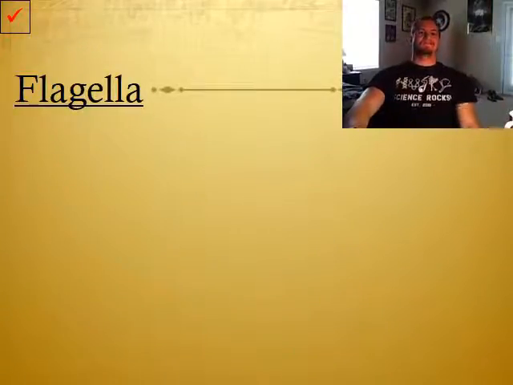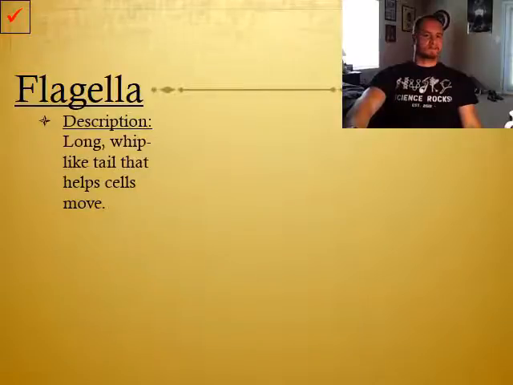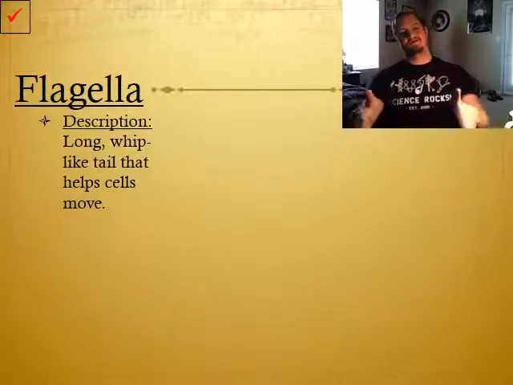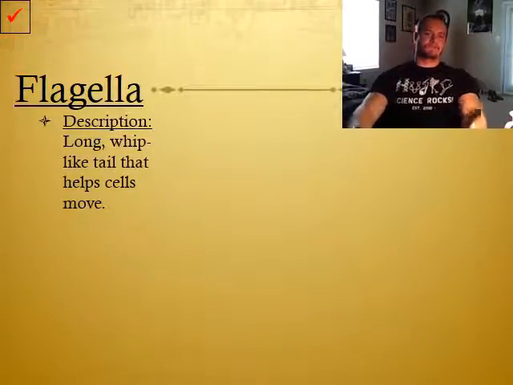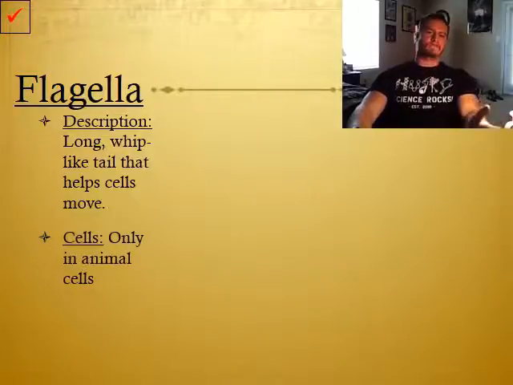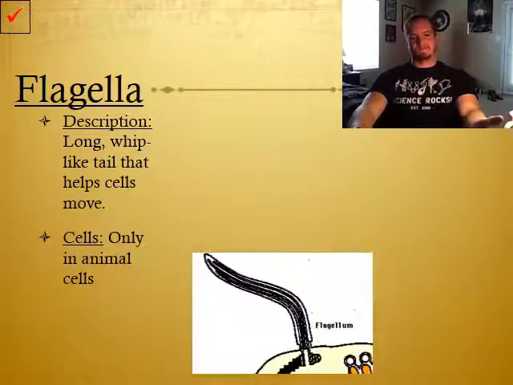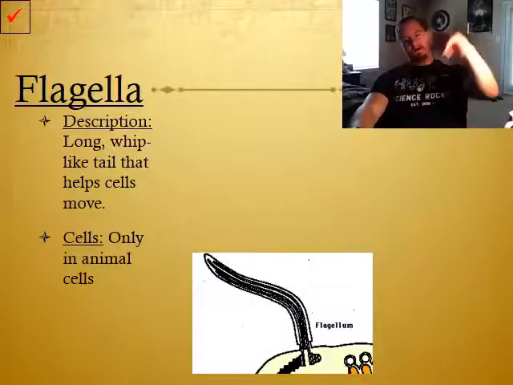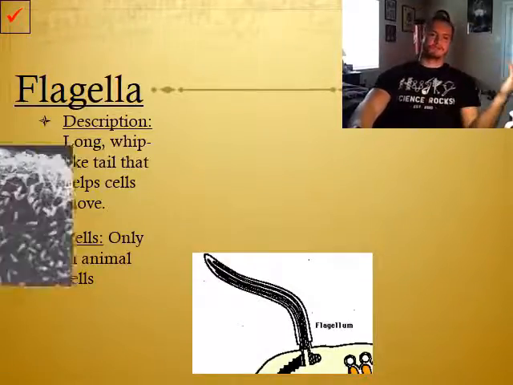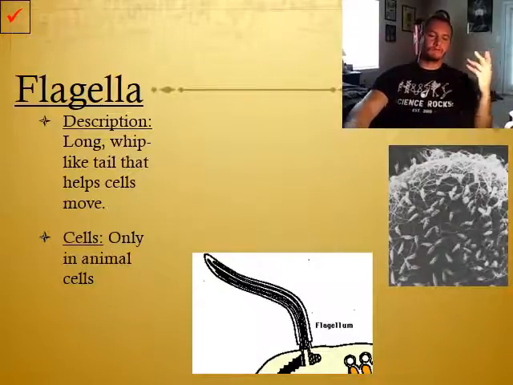Yes, the flagella. This word's fun to say. The description is it's a long whip-like tail that also helps the cell move. Now these are also only found in animal cells. The flagella, or flagellum, sticks off the back of the cell and acts like a little propeller that shoots it through the extracellular fluid.